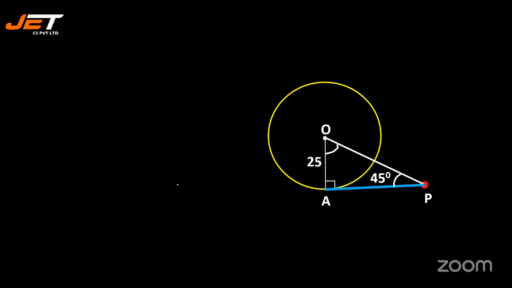Here we have 25 and 45 degrees. Okay. So you can just find out the value of cos 45. So which is 1 by root 2. Okay. So cos 45 degree is 1 by 2. Okay.